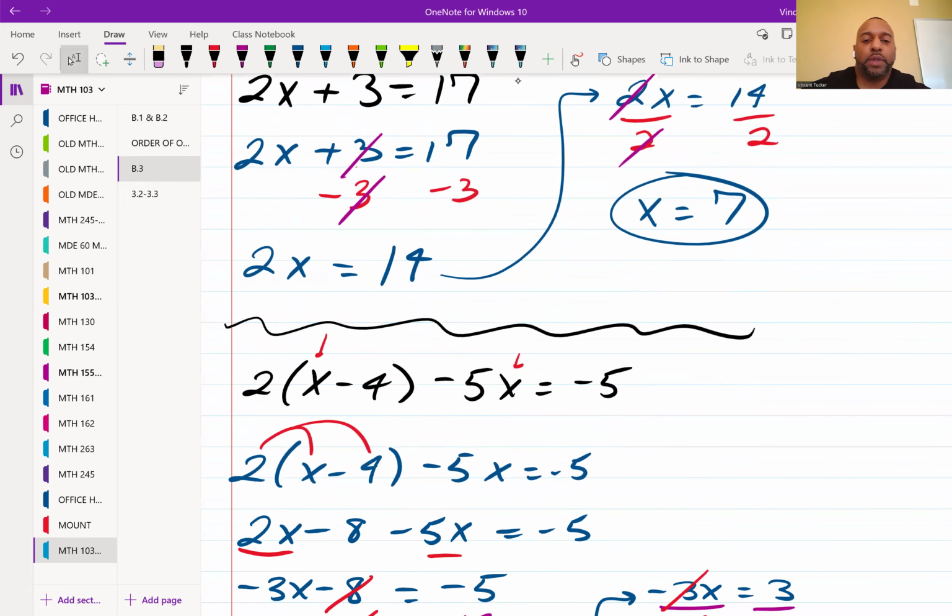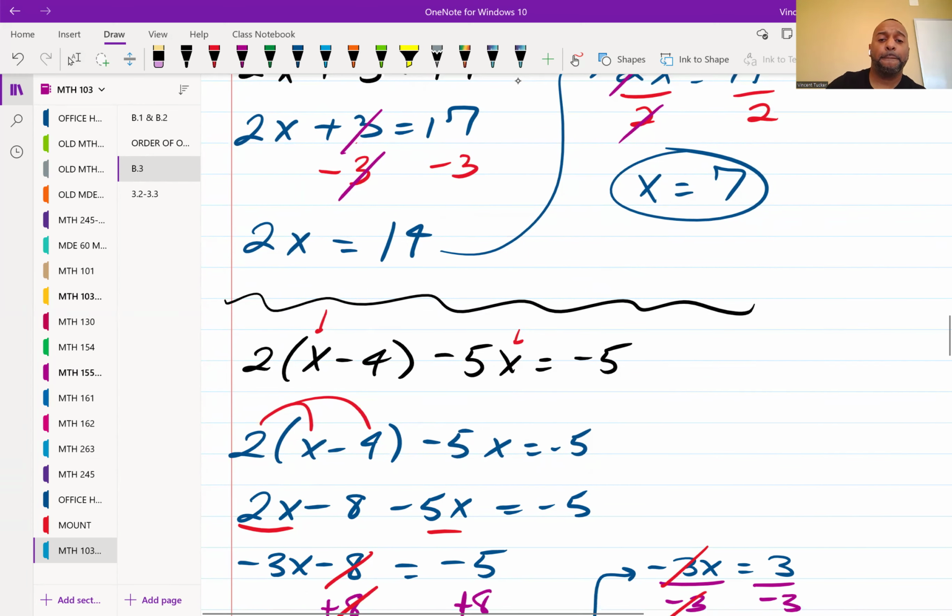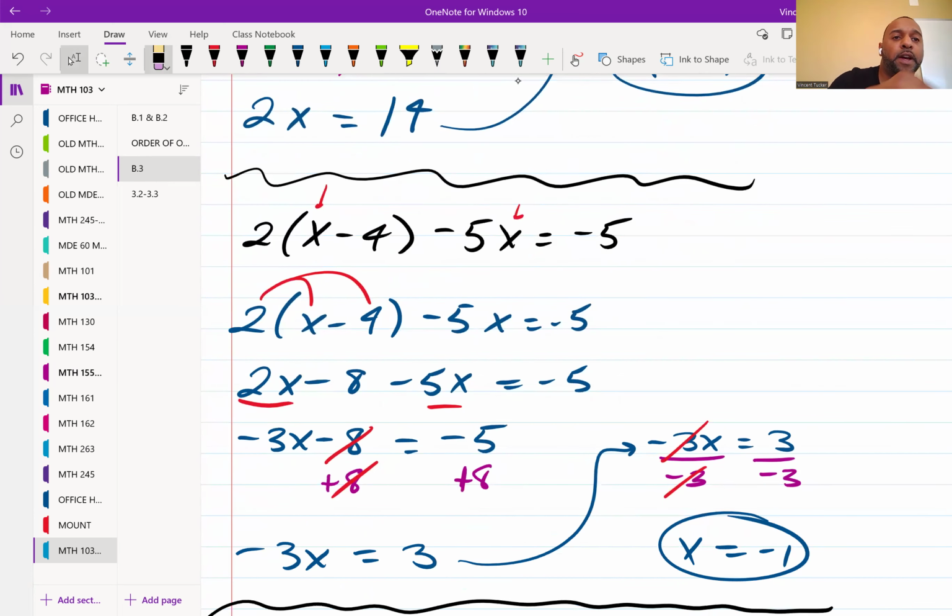Next one, just have some parentheses involved first. Notice we have 2 different x terms, but we can't combine our x terms or our like terms until we get rid of that parentheses. So we distribute the 2. Right here, distributing 2 into the parentheses, so that's 2x minus 8 minus 5x.